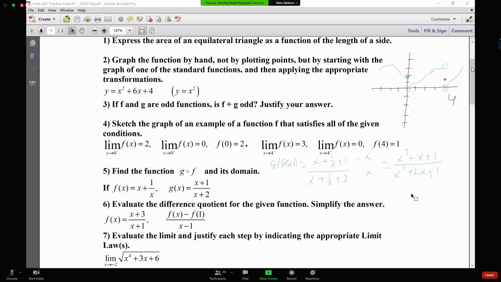Now the domain of g of f. Domain of f: x cannot be 0, so 0 union 0 to infinity. Domain of g is x cannot be negative 2.